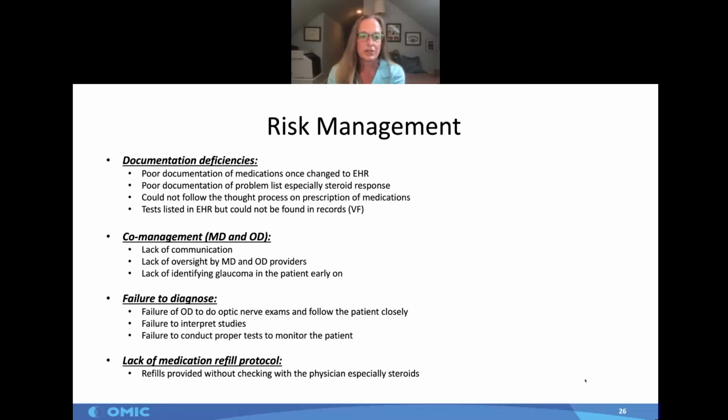When there was a failure to diagnose the glaucoma, the optometrist and the medical doctor were documenting their optic nerve exams and following the patient closely, but the optic nerve exams were not consistent with the specialist that saw them. They did ultimately see a glaucoma specialist, and the optic nerve that they had been documenting really was not cupped to the 0.9 degree that the glaucoma specialist said they were seeing.